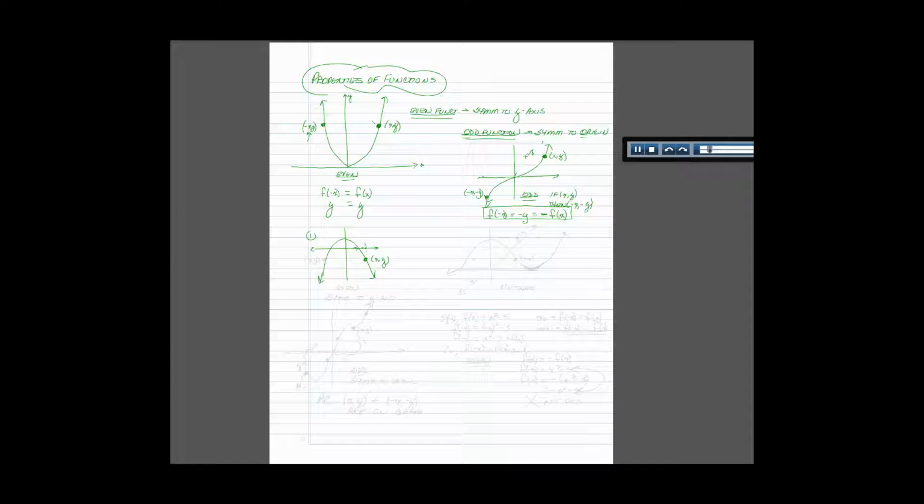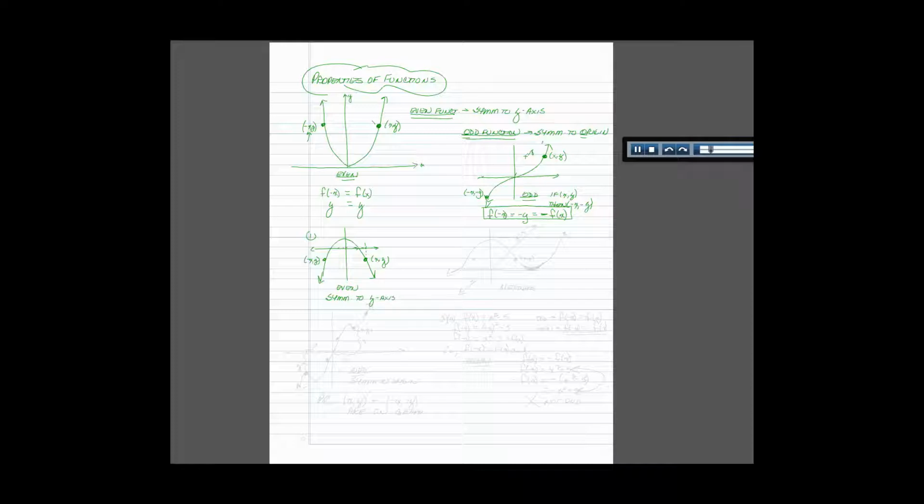If I go over the same number of x spaces and I go down the same number, is that point on the graph? Yes, it is. So if the point here is (x, y), then I also have (-x, y). You can actually count these. I didn't draw mine to scale, but you can count them on your sketch. So we know that is an even function because it has symmetry to the y-axis.